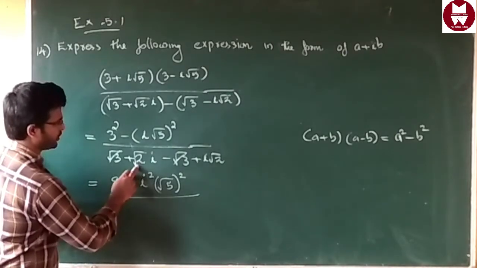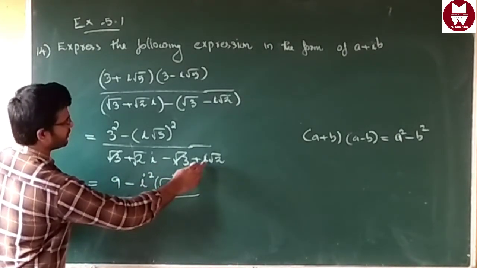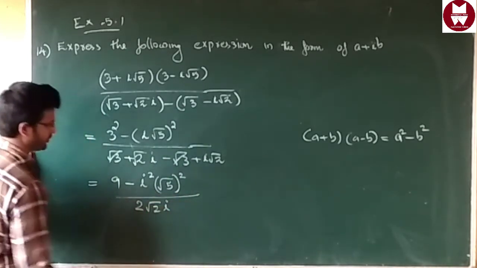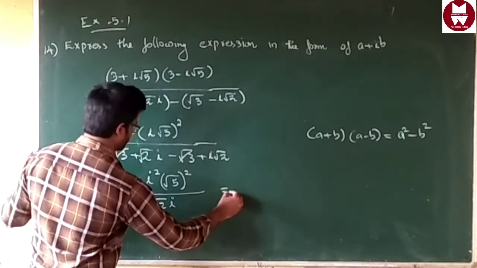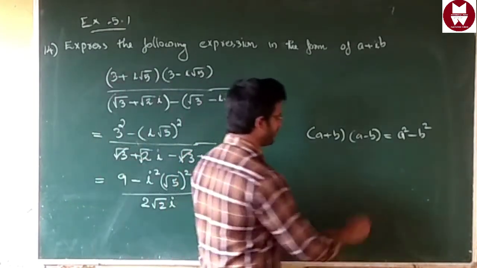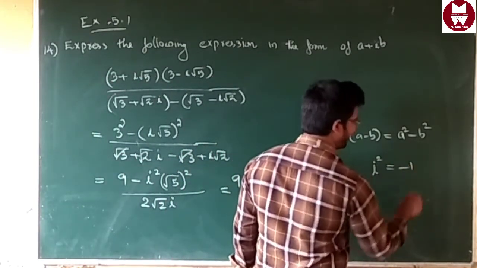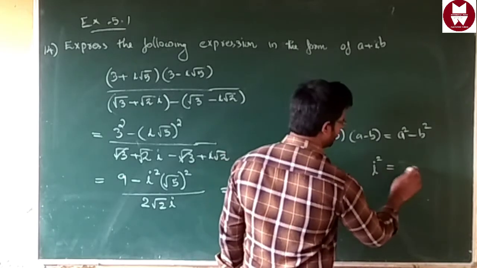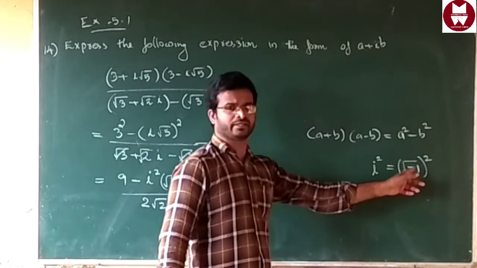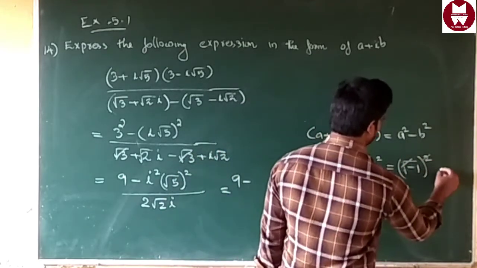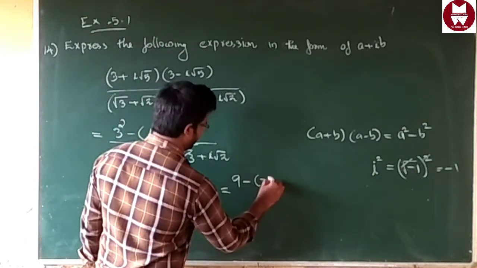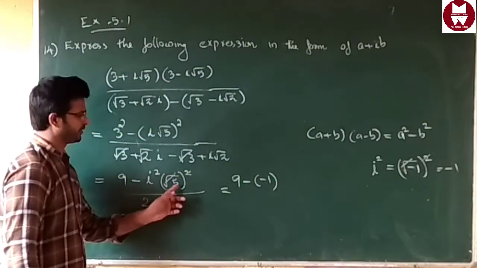Then root 2i plus root 2i, we can write 2 root 2i. So it equals 9 minus i squared times 5. What is i squared? i squared was already studied, minus 1, isn't it? Otherwise we can do the square root of minus 1 whole squared. i means the square root of minus 1, isn't it? Then the square and square root cancel, and you get minus 1. Then i squared we write as minus 1, the square root and square cancel, and only 5 remains.